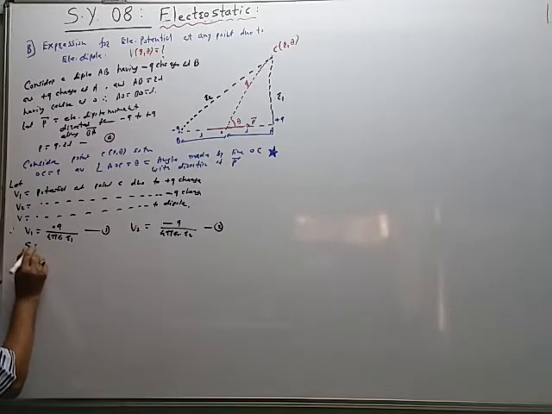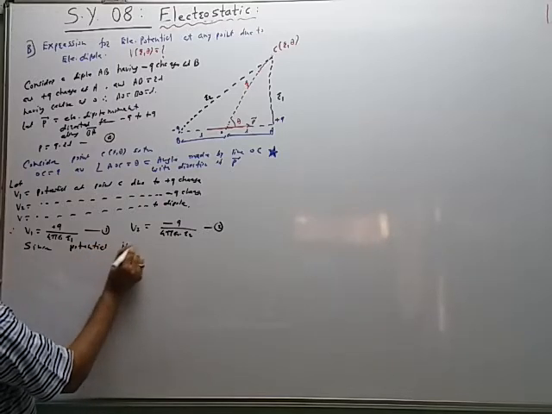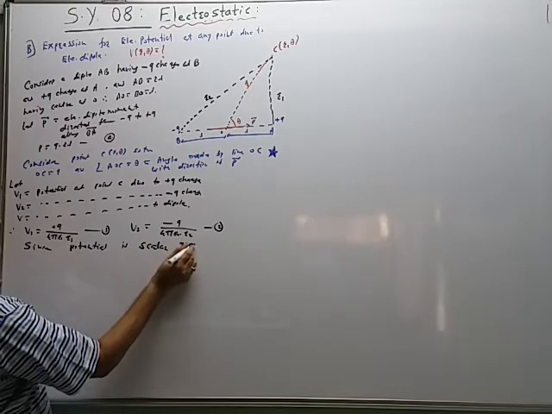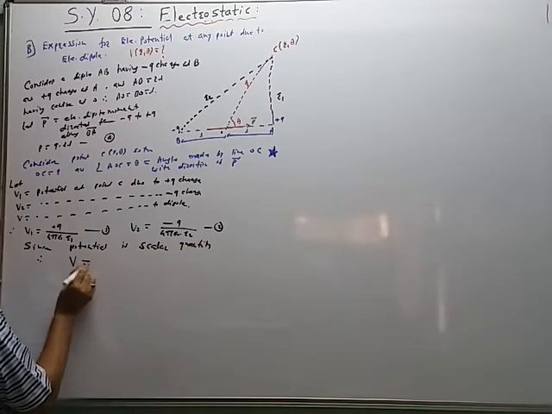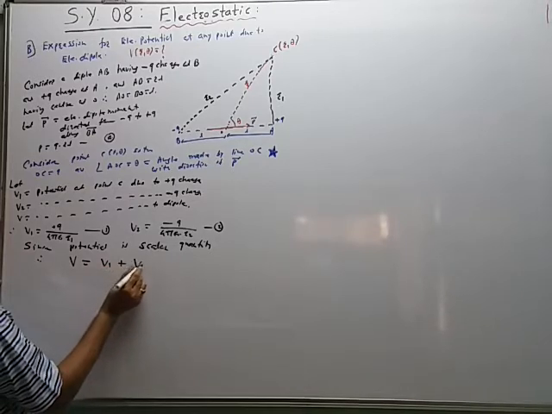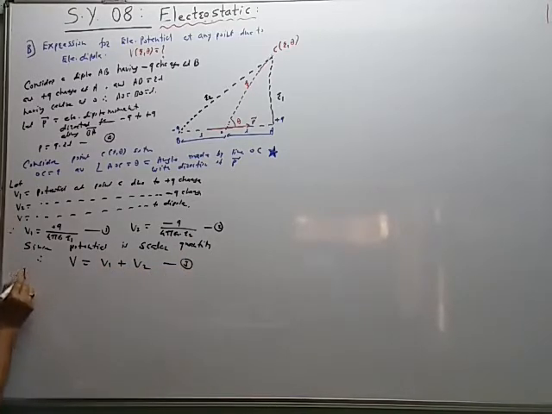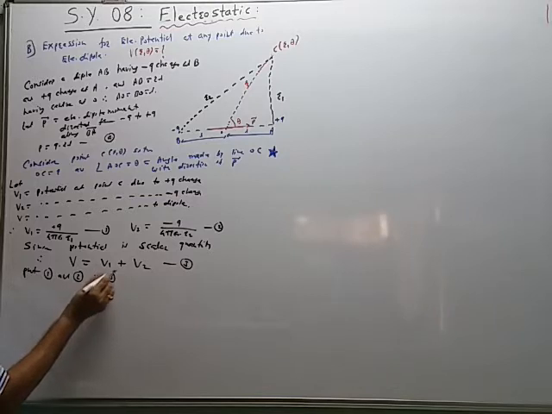Since potential is a scalar quantity, the total potential V is equal to V1 plus V2. This is equation 3. So put 1 and 2 in equation 3.